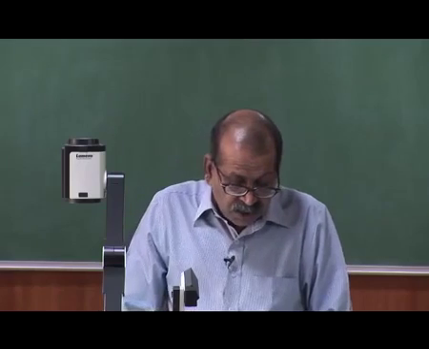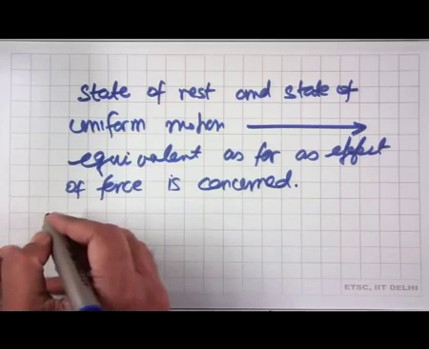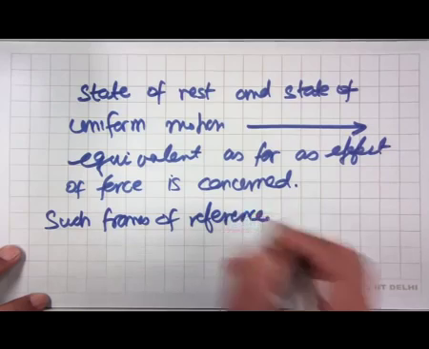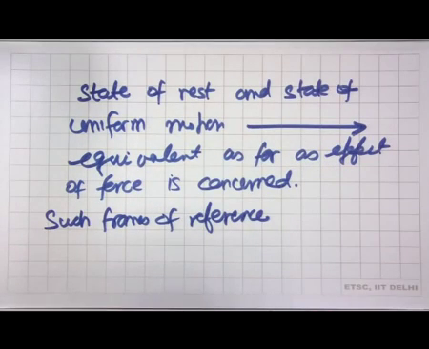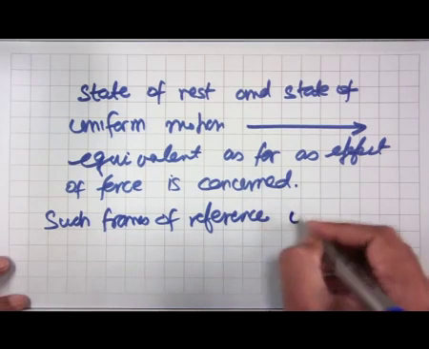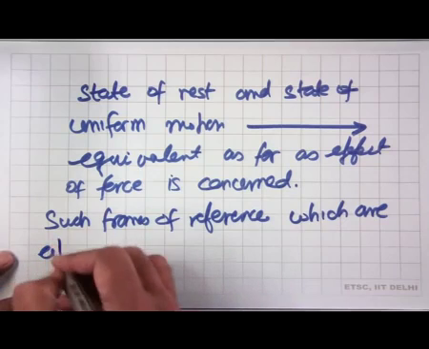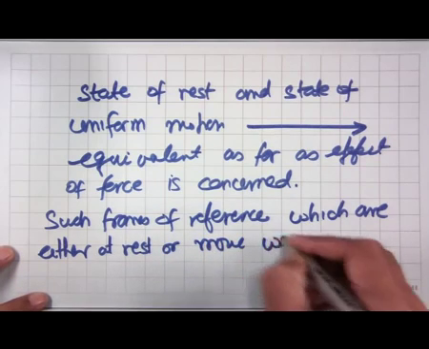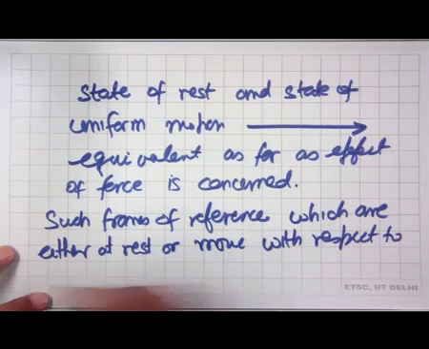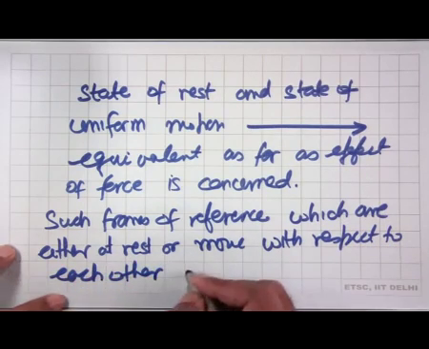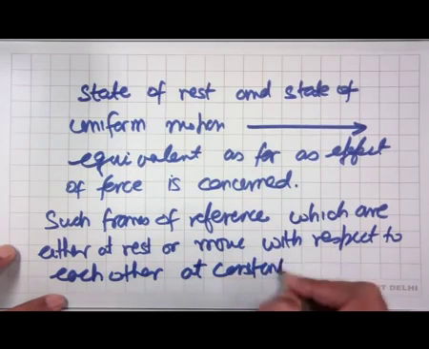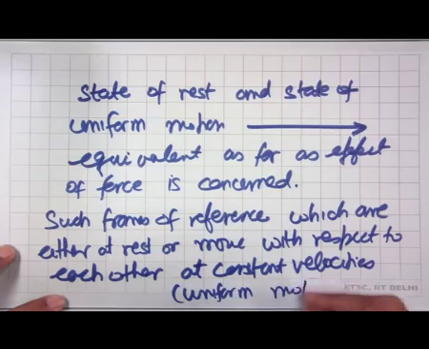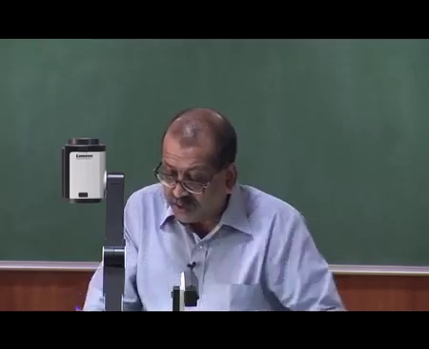And if this is the same, then what we can say is such frames of reference, because state of rest or state of uniform motion will be determined with respect to a frame of reference, such frames of reference which are either at rest or if they move with respect to each other at constant velocities, which means uniform motion, such frames are equivalent.